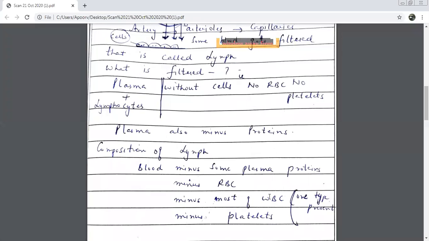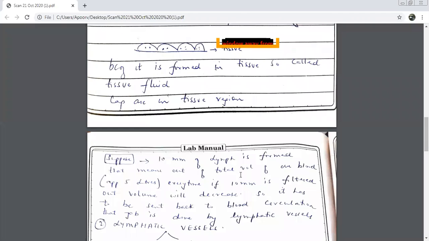What is it? Lymphocytes. So what are the three things which are missing in lymph, which are present in the blood? RBCs, platelets, plasma proteins, and most WBCs. Yes, very good. So blood will have all these things, lymph will not. When we are doing the differences, we can take this also. So this is your composition of lymph.